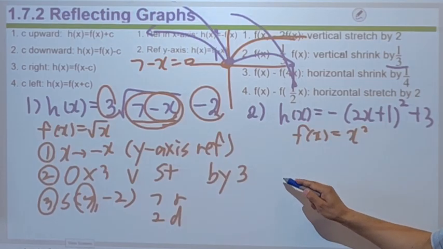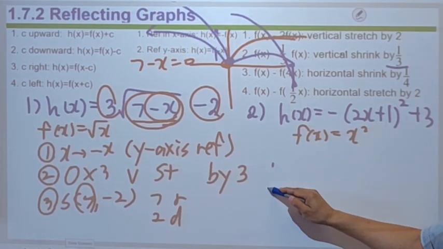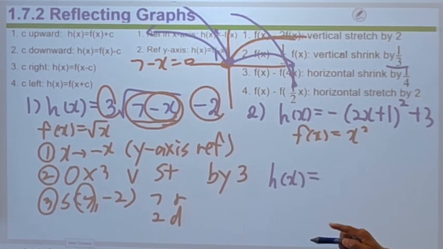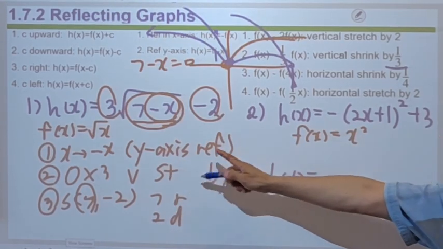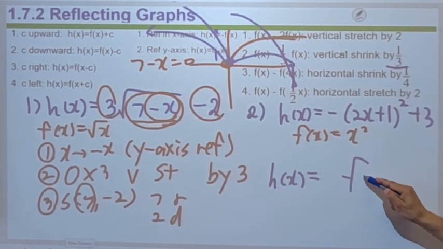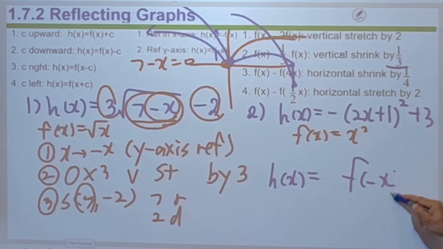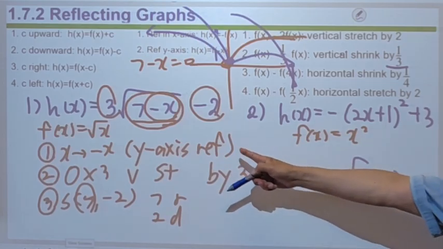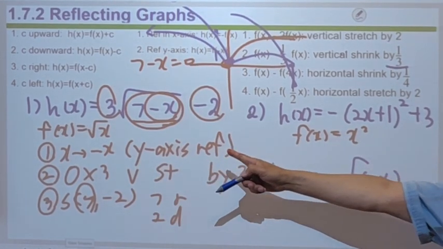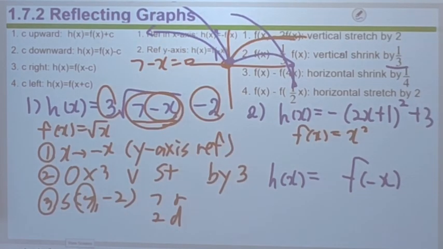Then now what? Let's say h of x equals. So inside, negative x, right? Because that's y-axis reflection. And then 3 vertical stretch, that's outside, right?